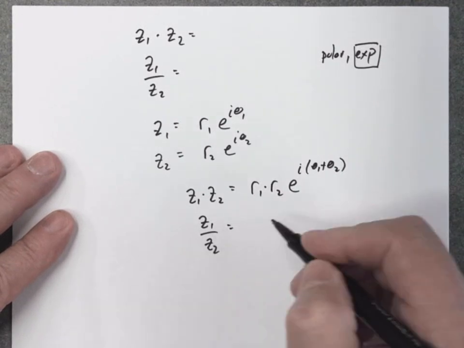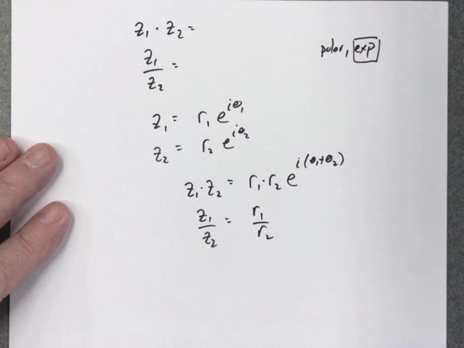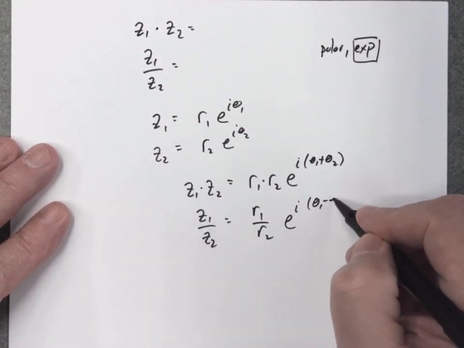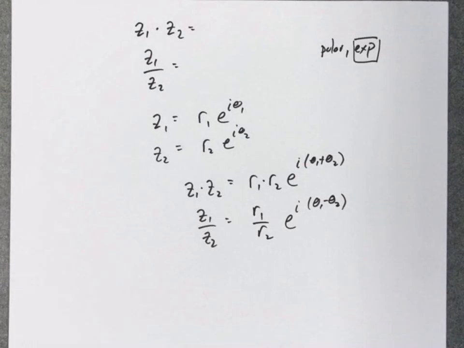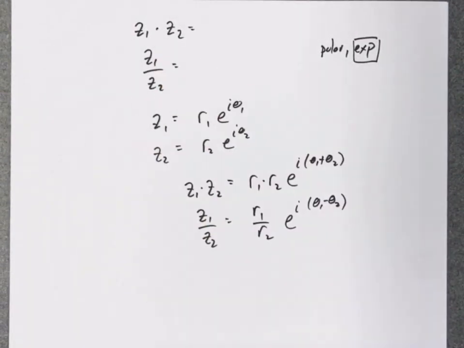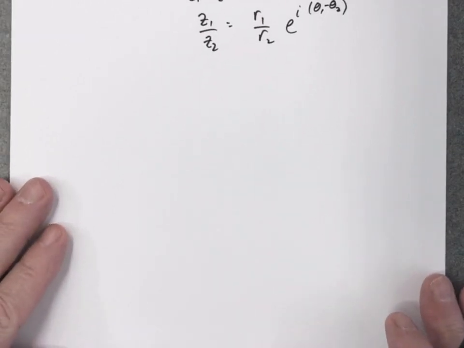If you want to divide, you divide the two R values, and in this case you subtract the two angles. This is a lot easier than trying to do these operations with your complex numbers in rectangular form. So let's do an example.